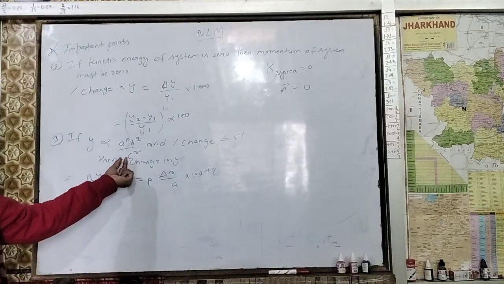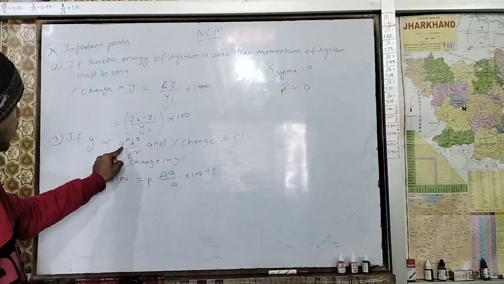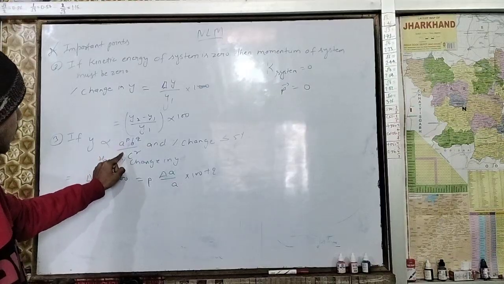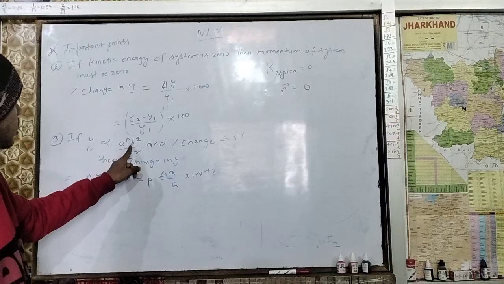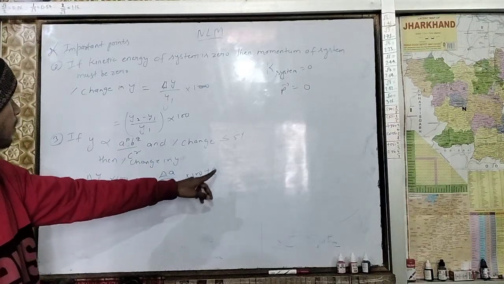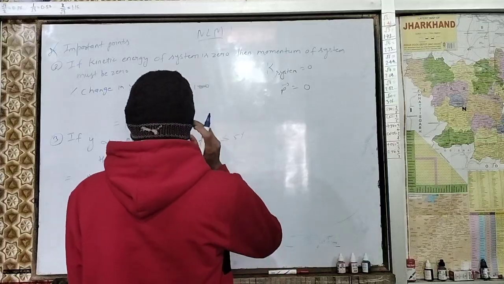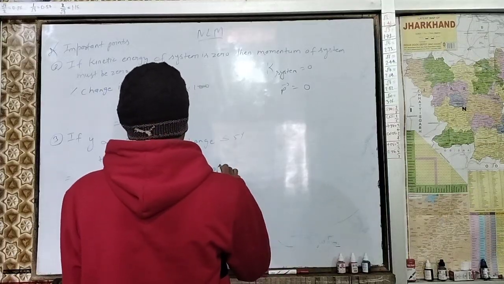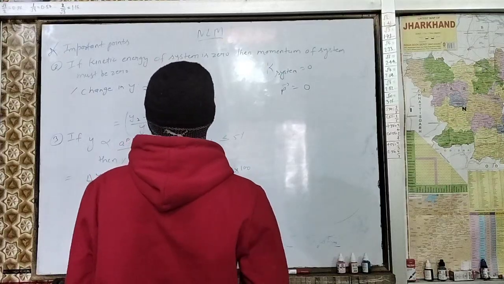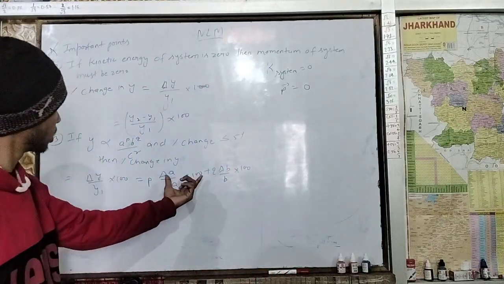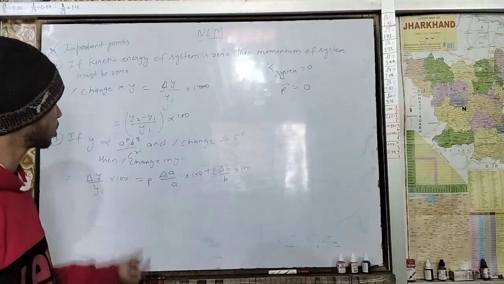If the equation is like this, then p delta a upon a multiplied by 100, plus q delta b upon b multiplied by 100. Finally, we wrote these two, which were present in the numerator. What about the denominator?